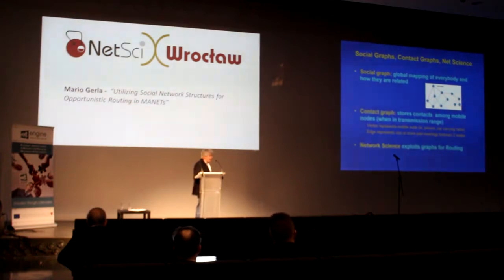I mean, network science is a way of using social graphs to improve your application, to utility. And in fact, in this case, we use this social network to improve the delivery of messages to the destination. And in fact, at the end, we show that with social graphs, we can do better than just plain operations without knowledge of the connect times.